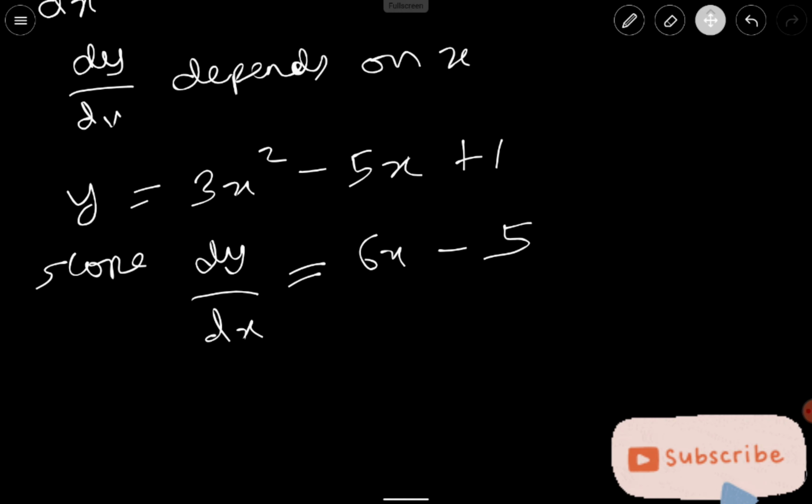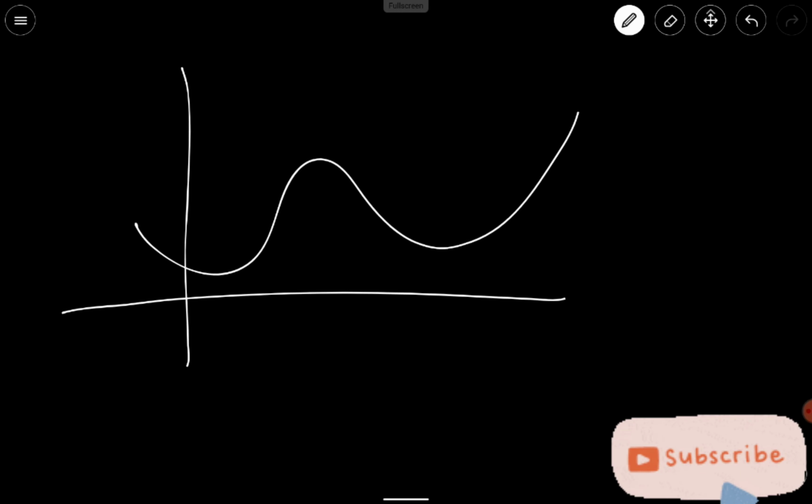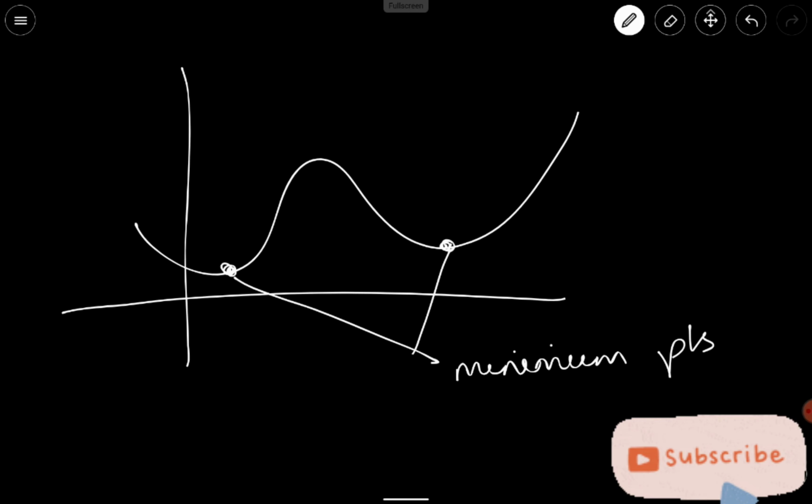Now this leads us to another question. Suppose we have a curve like this. In this curve we can see that this point and this point are the minimum points, also referred to as the minima.